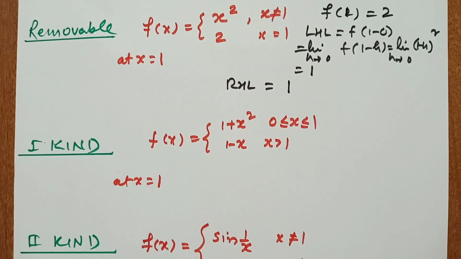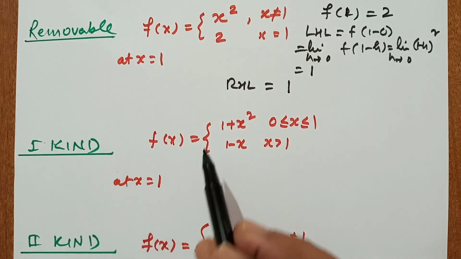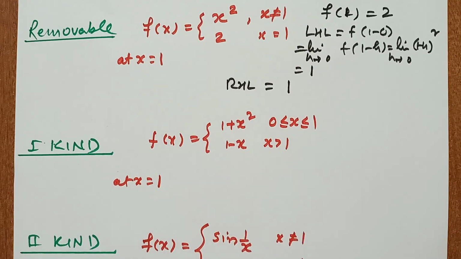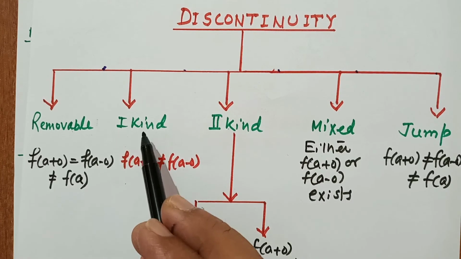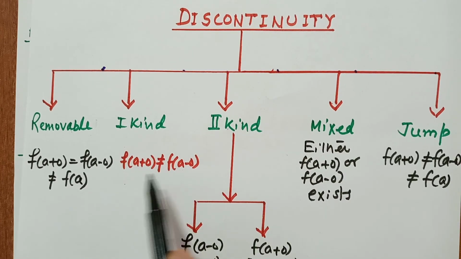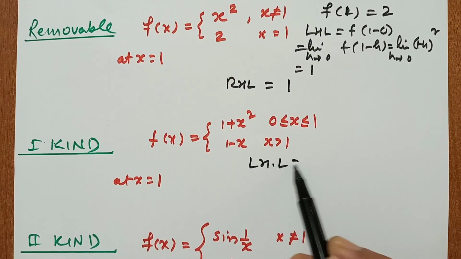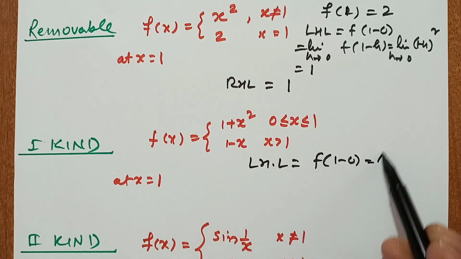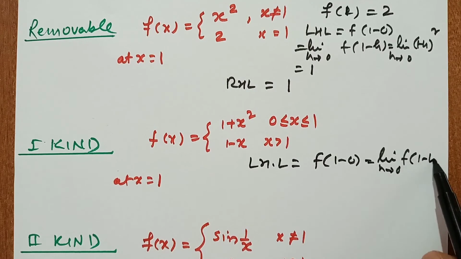Now similarly, discontinuity of the first kind. Here the left hand limit and right hand limit are not equal. As you see here, this is an example. The left hand limit is f of a minus 0, the limit as h tends to 0 of f of 1 minus h.